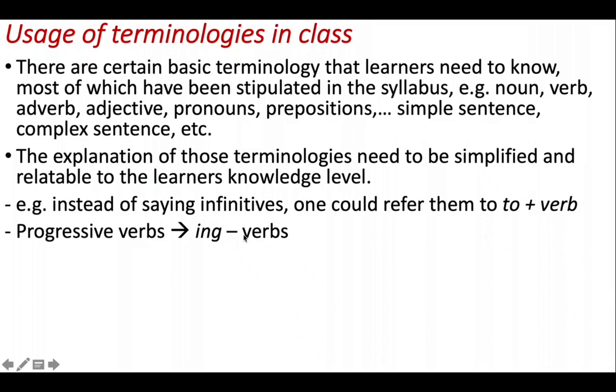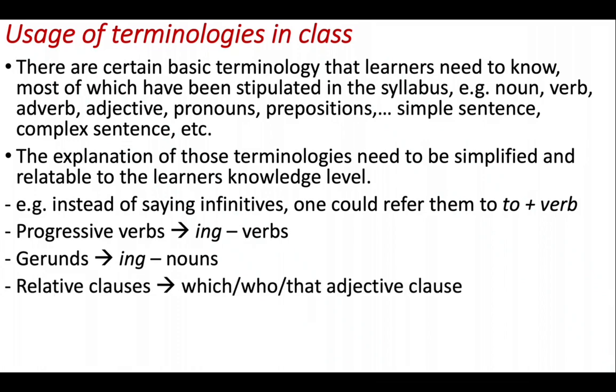Those are the terms that are more relatable to the learners. They can remember that. Gerunds, these are the ing nouns. Relative clauses, the learners will not remember these terminologies. But if you say ing verbs, ing nouns, which, who, that clauses, these are the ones that the learners can really relate to and can remember.